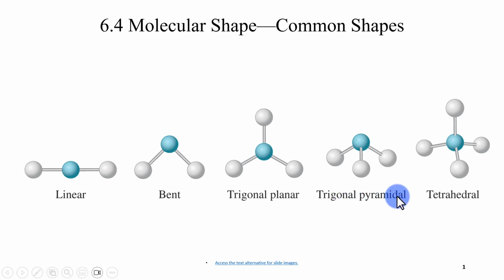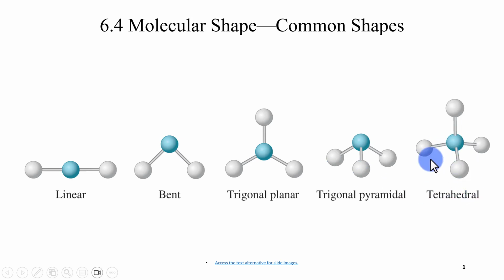We also have trigonal pyramidal, where we have the same setup, but they're not on the same plane anymore. You can think of this as a pyramid, with the top being the central atom and the other three atoms making the base of that pyramid.